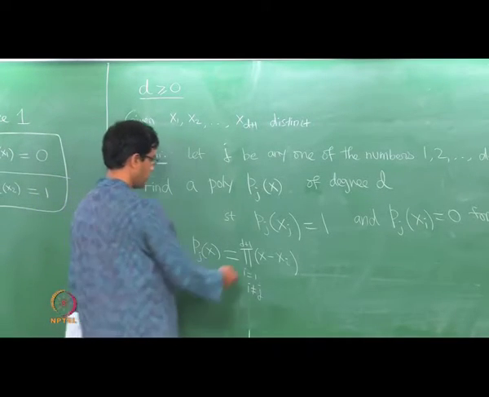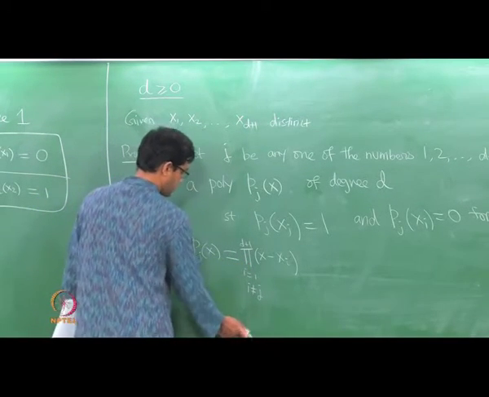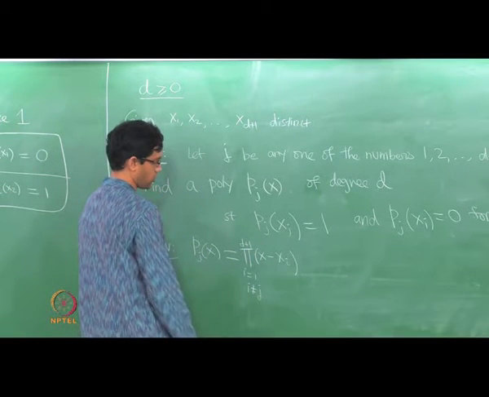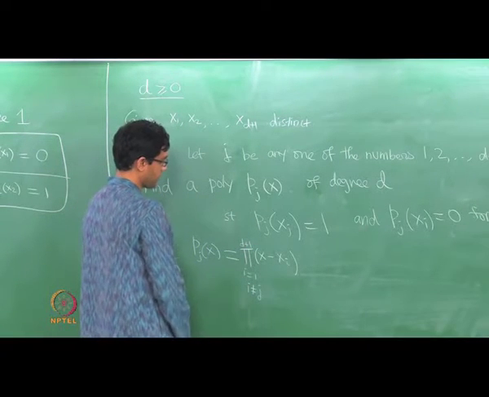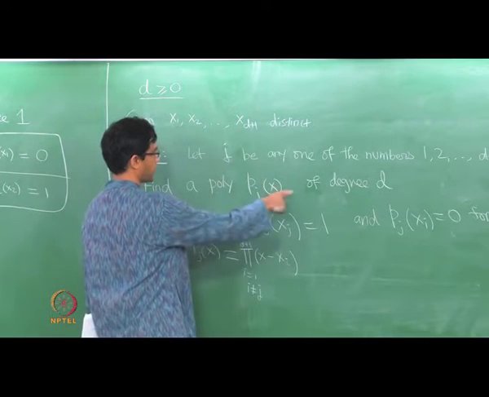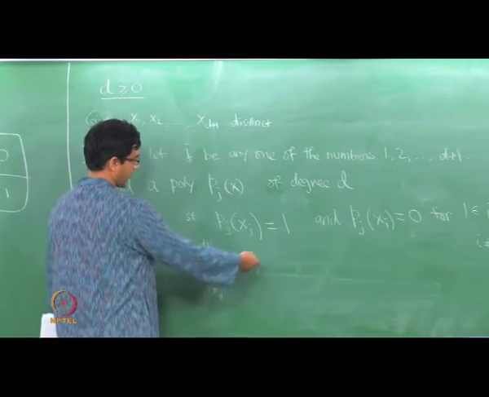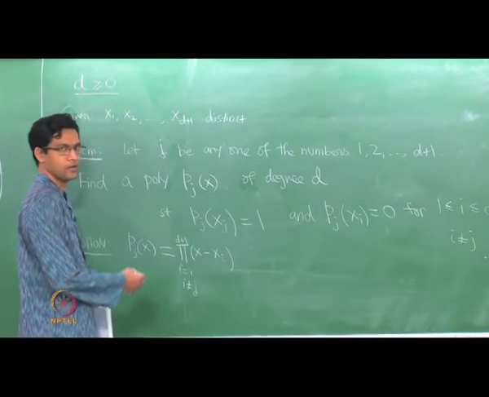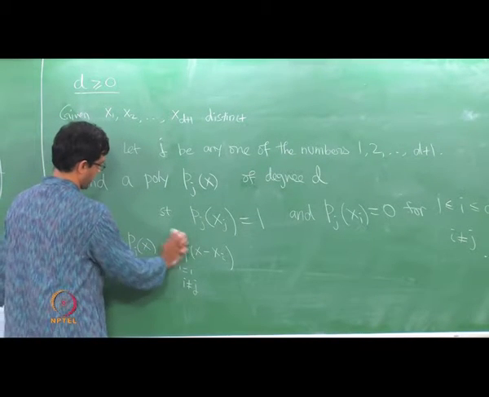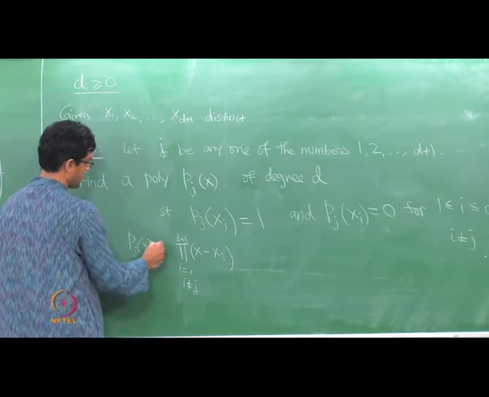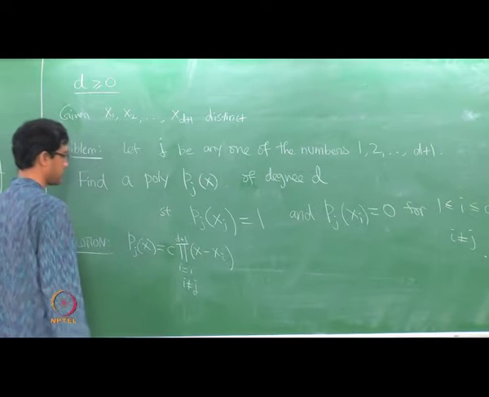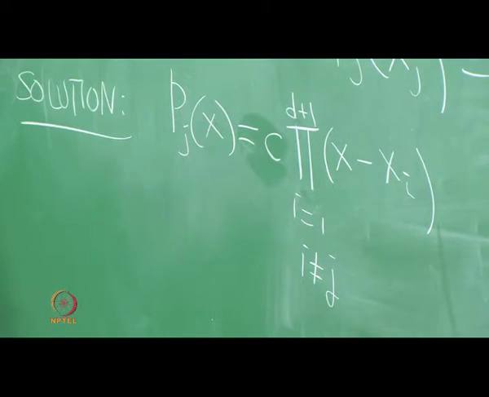Okay. And notice that this is already of degree d. So this is already a degree d polynomial because it has exactly d factors, and what I wanted is a polynomial of exactly degree d. So I can't really have any more factors here. What I could have is some constant in front. Okay. So let us say pj of x might look like some constant times the product of x minus xi.